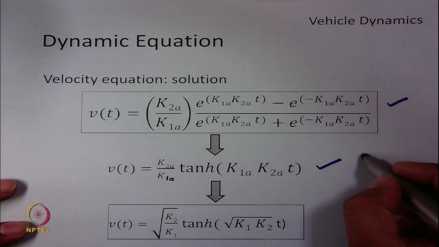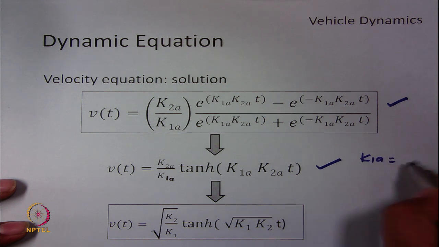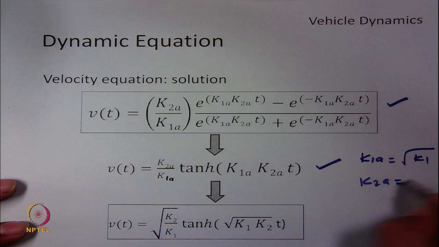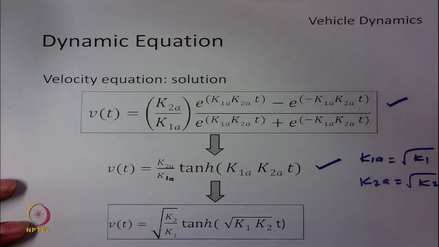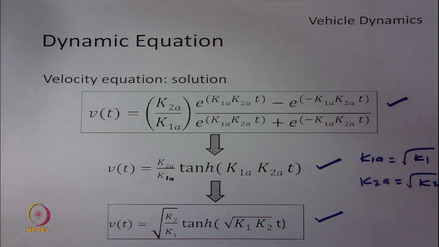So, k1a is basically root of k1 and k2a is root of k2. So, if we substitute this, we will get this equation. So, this is the equation of velocity variation with respect to time in terms of variables k1 and k2, which are the parameters of the system, considering all kinds of opposing forces and accelerating forces.